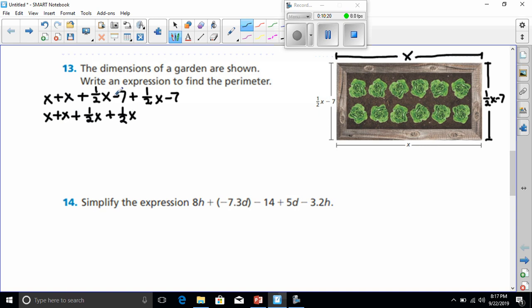And then I have two -7, so -7, -7. All right, let's combine our terms. Well, I know that two x's make 2x. And then 2 halves, well, that makes one whole. So what I have here is 2 x's plus 1x. So altogether, that's going to be 3x.